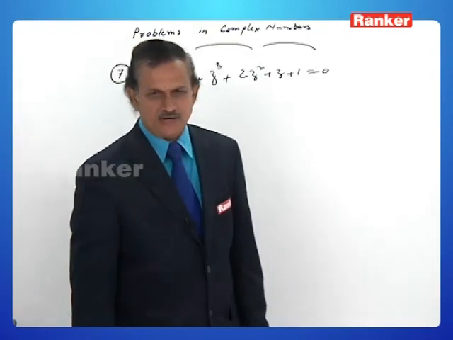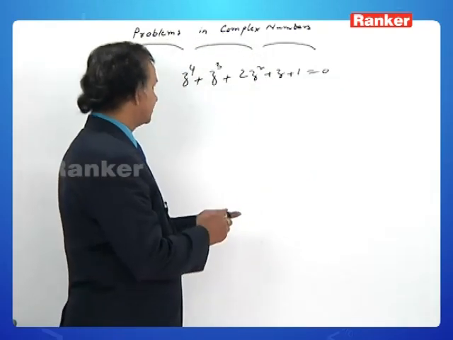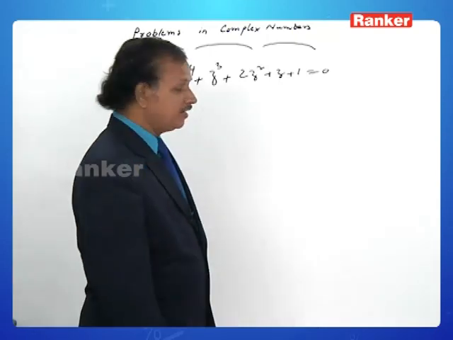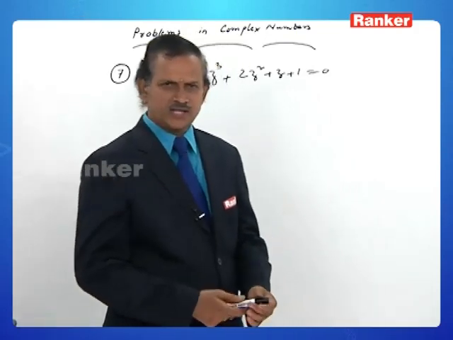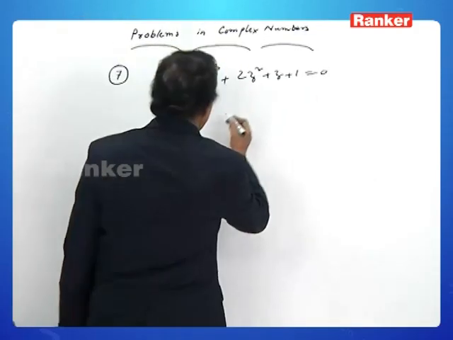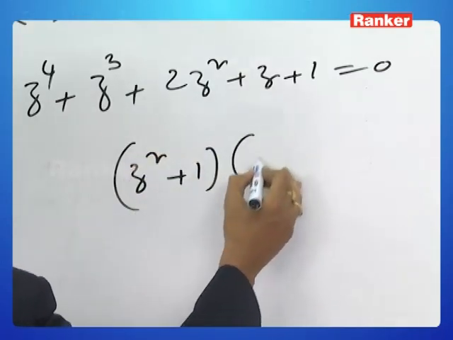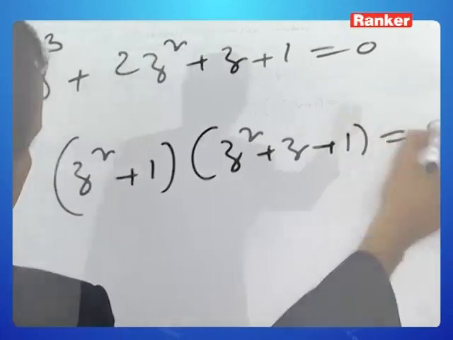Let us observe the given equation. What is the given equation? Z power 4 plus z cube plus 2z square plus z plus 1 is equal to 0. If you can factorize that, it is an easy matter to split this into two parts: z square plus 1 into z square plus z plus 1 is equal to 0.